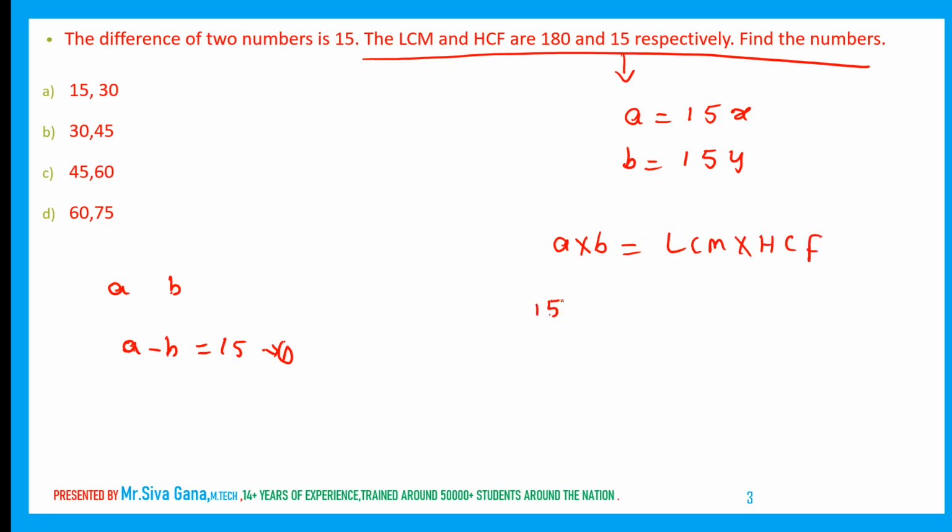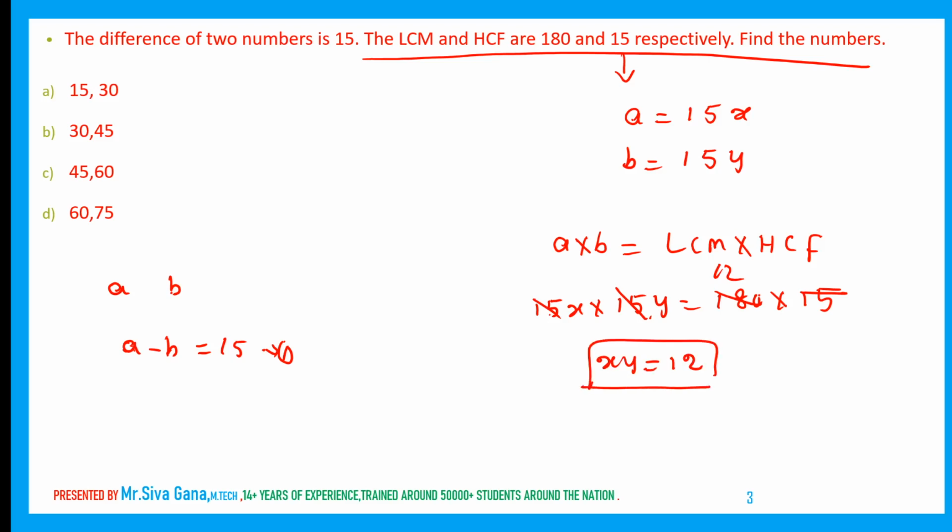That property I am applying. The two numbers are 15x and 15y. LCM is 180, HCF is 15. 15 gets cancelled, and 180 divided by 15 is 12, so x into y is equal to 12.